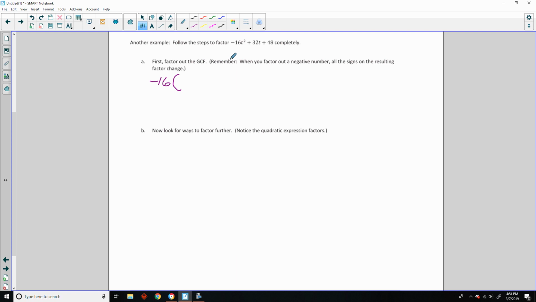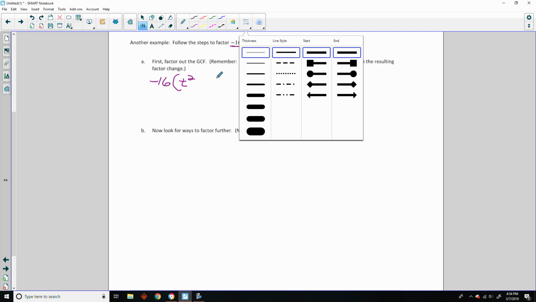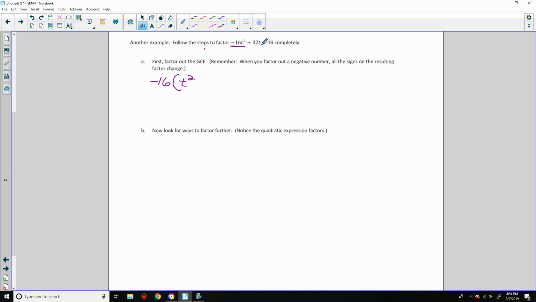And when I factor that out, a negative times a positive is negative, my apologies, so this should be positive t squared here. So negative 16 times t squared is negative 16t squared. And then we have plus 32t. Well, we factored out the 16, so it's like dividing.